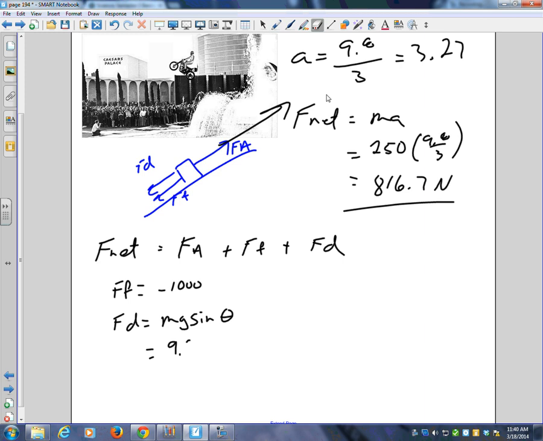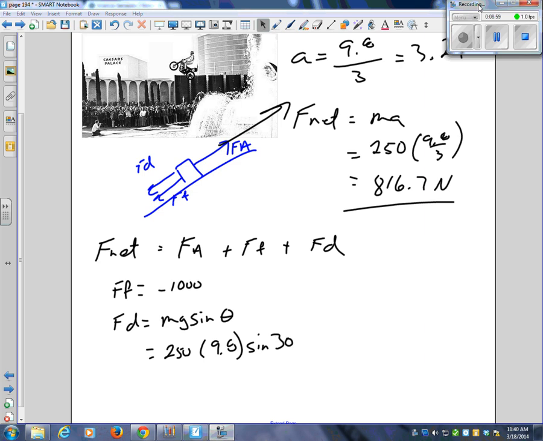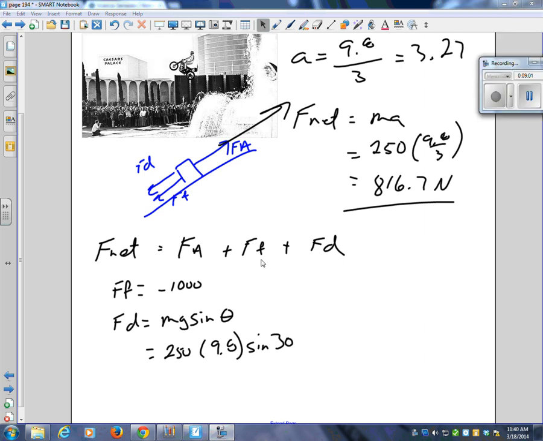First of all, the mass, 250. 250 times 9.8 times the sine of, what's the ramp at? 30. Should I use 9.8 here, or should I use 3.27? What should I be using for my g? Should it be 9.8 or should it be 3.27?